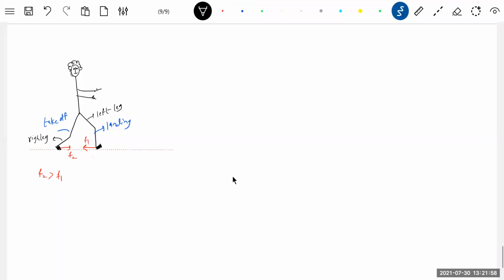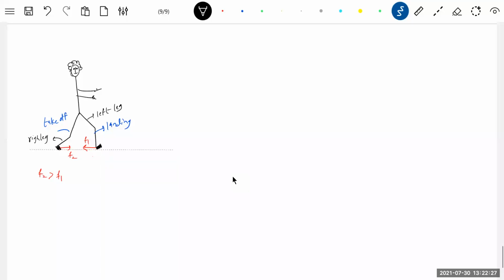The left leg will be taking off and the right leg will be landing, no? In that case, the left leg friction will be F2 forward and this will be F1 backward. But the resultant friction, the friction at the landing leg, will be less than the friction at the takeoff leg. So don't say that always the friction at the left leg will be less compared to that one.